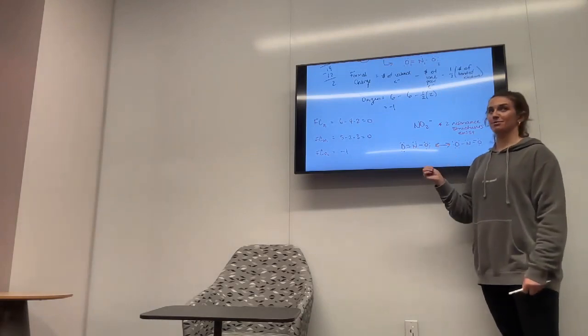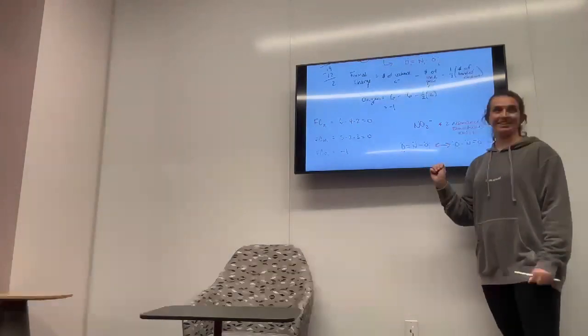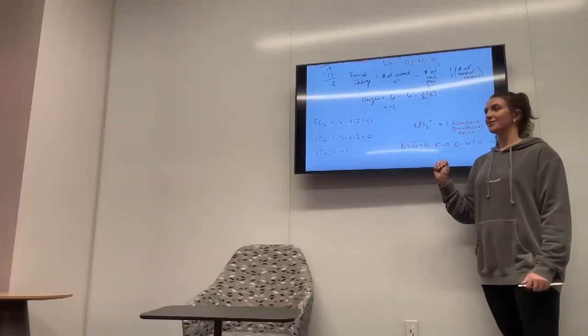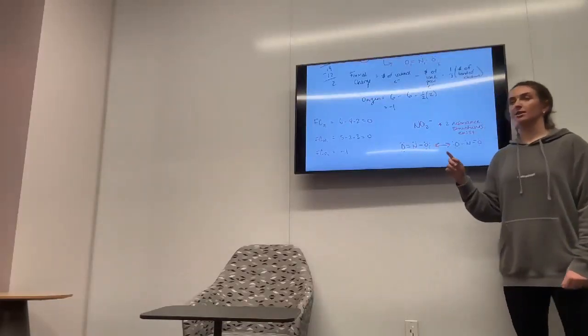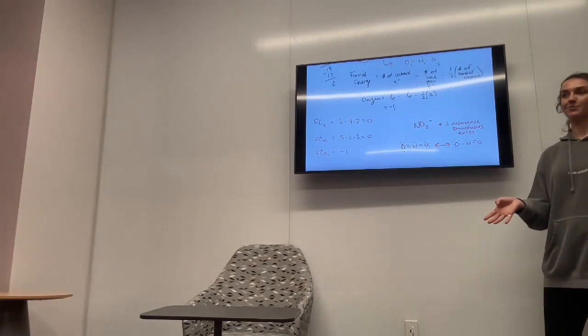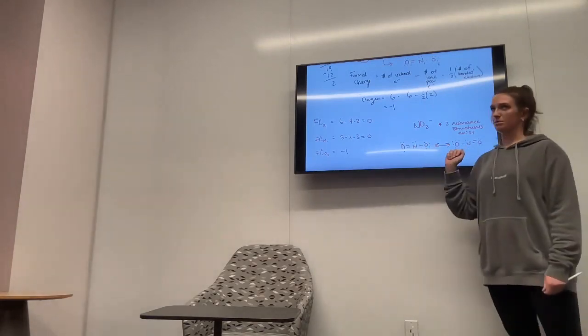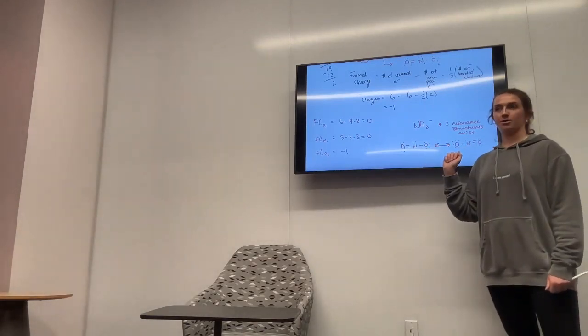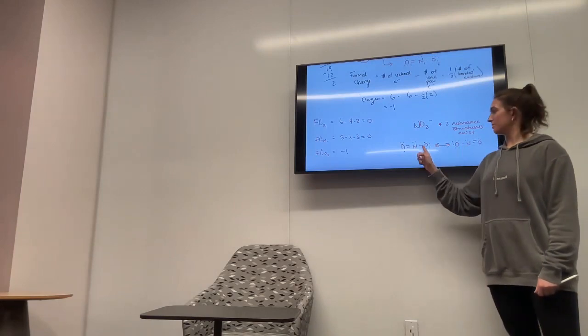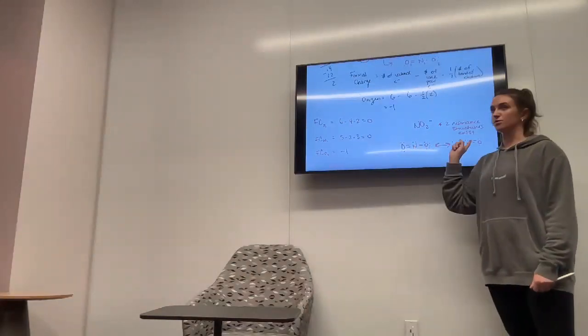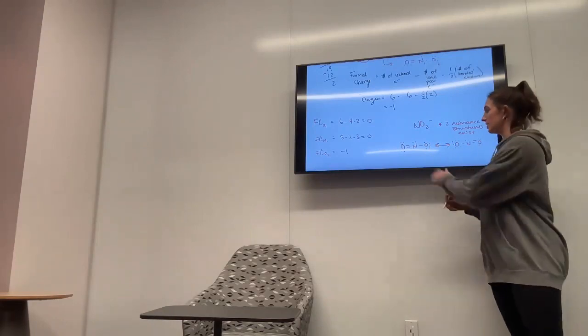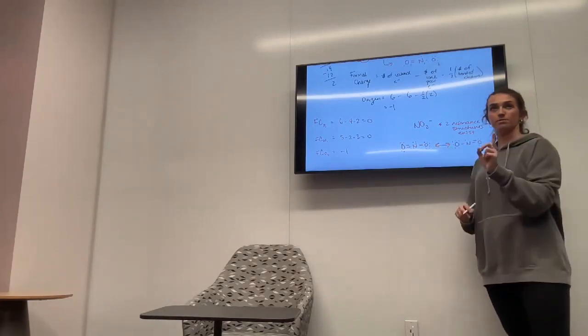The bond order basically tells you how many bonds are present. So if this is a single bond, how many bonds are present? This single one between nitrogen and oxygen has only 1 bond, so this bond order here is going to be 1.